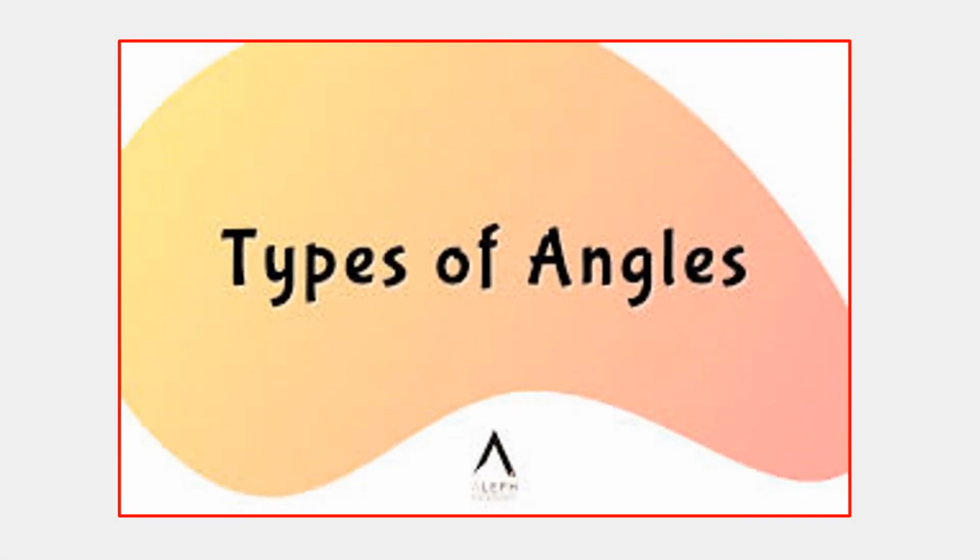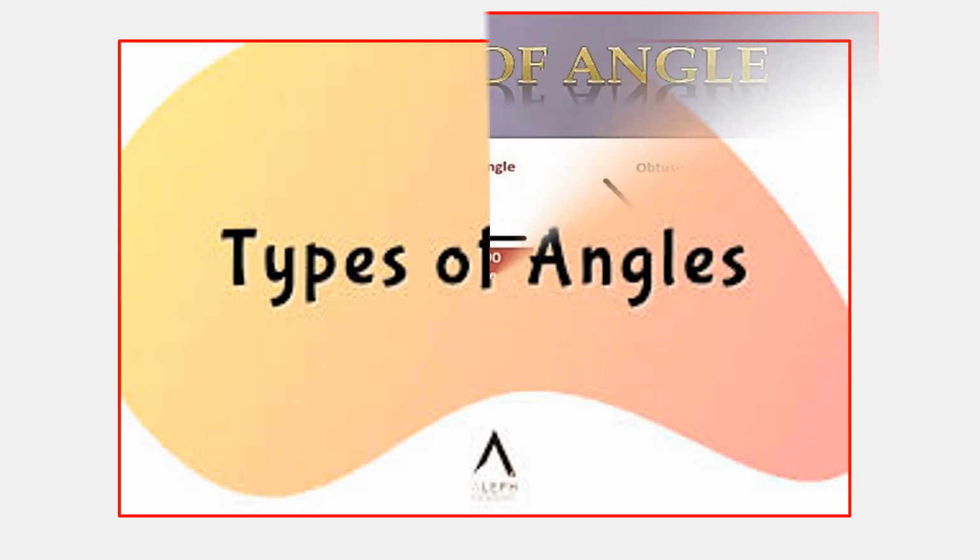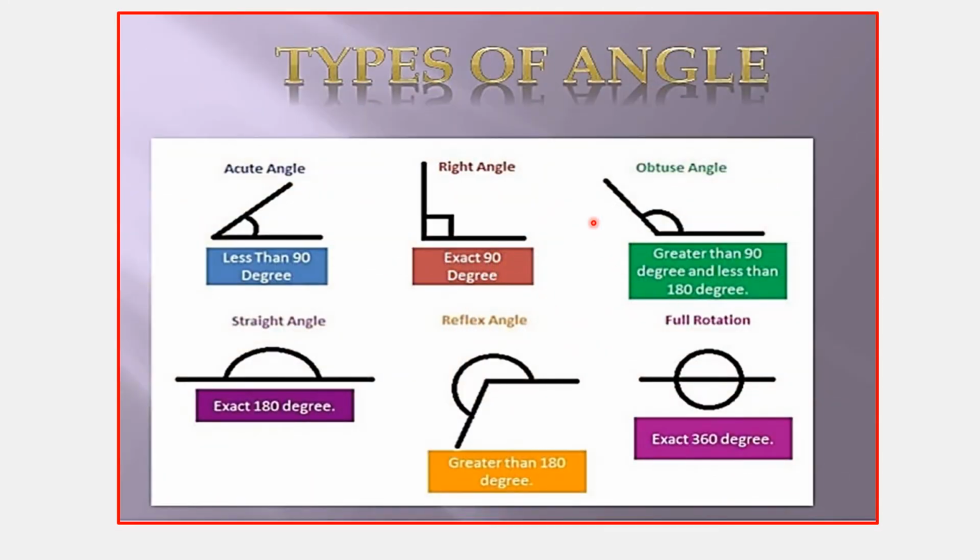According to the types of measurements, let us see what are the different types of angle. According to the measurement: less than 90 degree is an acute angle, exact 90 degree is a right angle, greater than 90 and less than 180 is an obtuse angle.